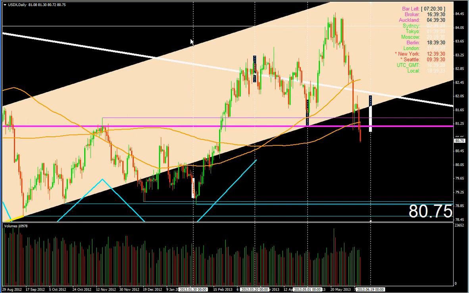So maybe the dollar bears sell the dollar throughout this year on a midterm basis, in March, April and May. And we break down here.